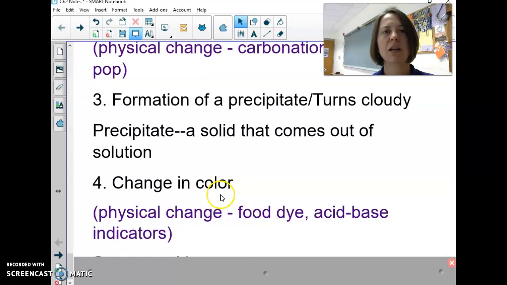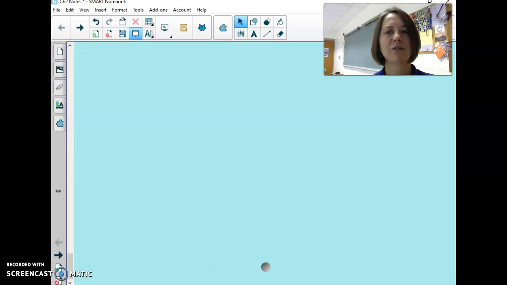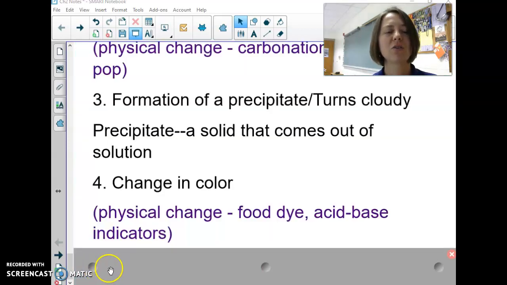So that's pretty self-explanatory. Something that might get it confused. All right, I'm back. So a couple of things that could be confused are physical changes where there is a change in color. Food dye, when you add food dye to something, you are just adding color. There's not a chemical reaction.